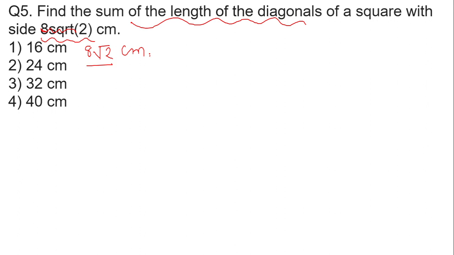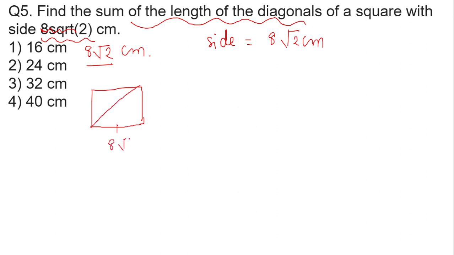So they have given us the side of a square, 8 under root of 2 centimeter, and we know that all the sides of the square are equal. They are asking us to find the sum of the length of the diagonals.